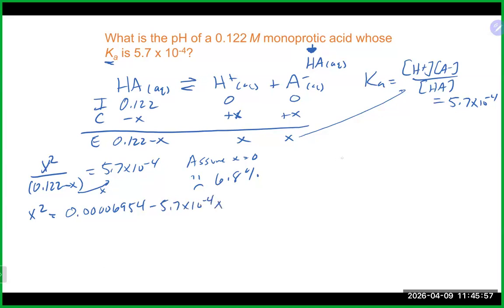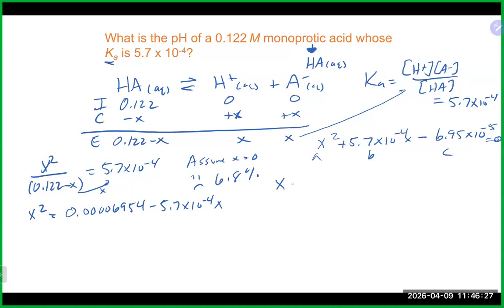Bringing everybody to one side, going to get us x squared plus 5.7 times 10 to the minus 4 x, and then minus, maybe do a little scientific notation here, 6.95 times 10 to the minus 5, with a lot of zeros, 1, 2, 3, 4, 5. I did not screw that up. And that's going to equal 0, and that's going to be our A, B, and C in this case.